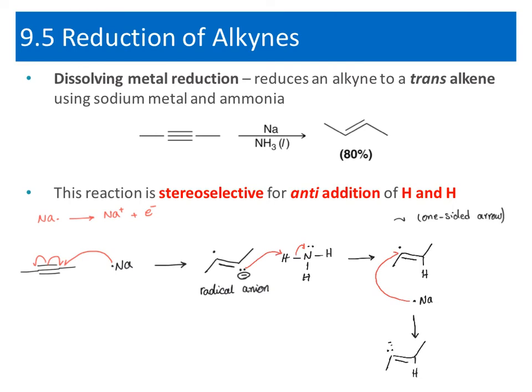Now again, in the last step, this anion will act as a base and takes the proton from the ammonia. So the last step is a proton transfer step to form the trans alkene.